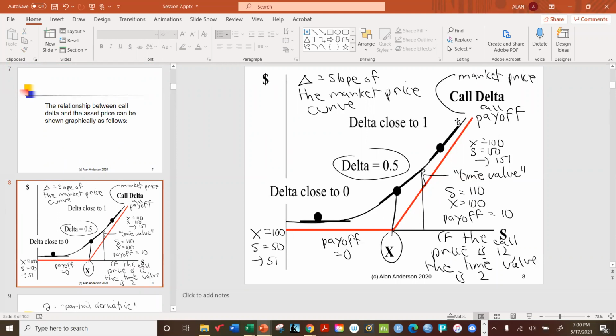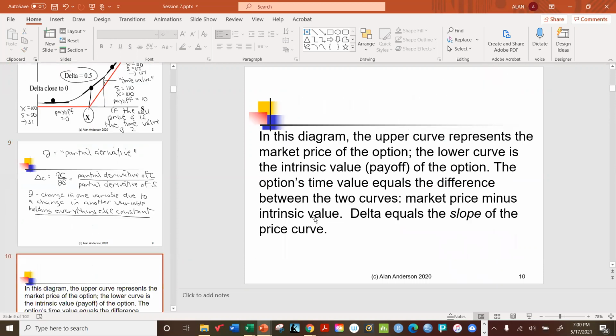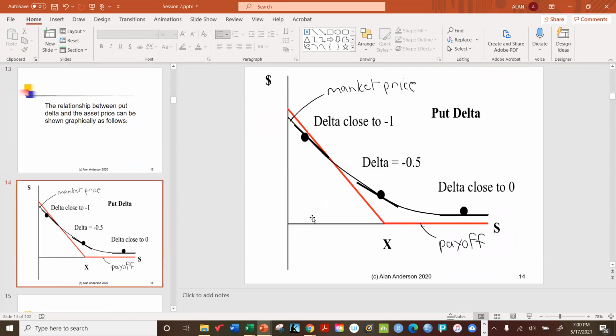As the stock price goes up, the delta rises. As the stock price drops, the delta falls. With the put, it's the other way around. With a high stock price, the put delta should fall close to 0. With a low stock price, the put should have a very negative value.